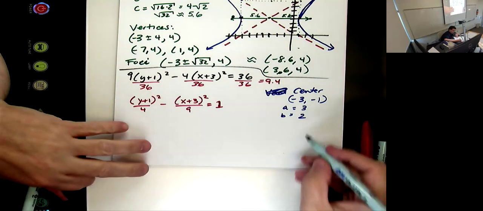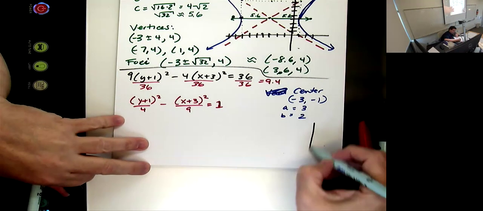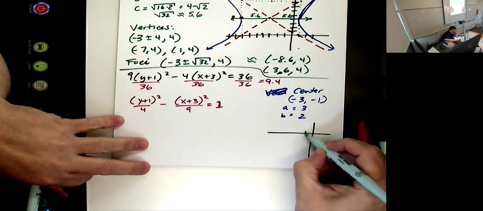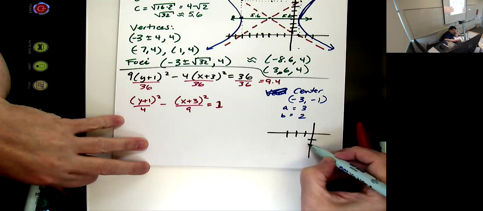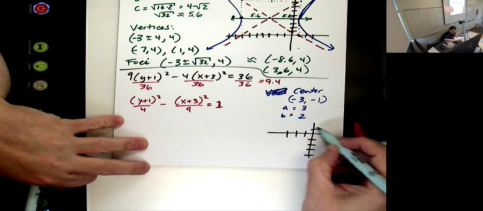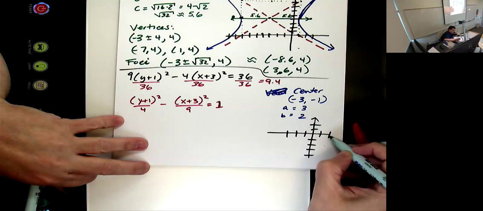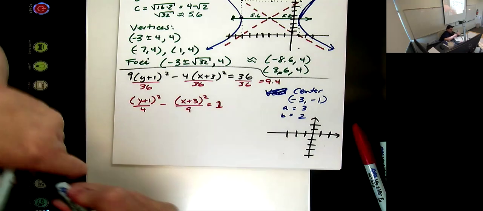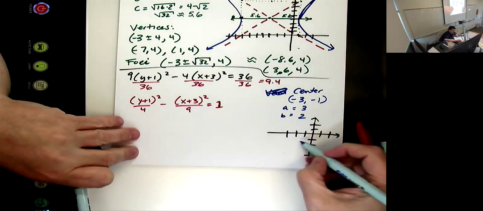We'll do a quick sketch. -3, -1 is right here.